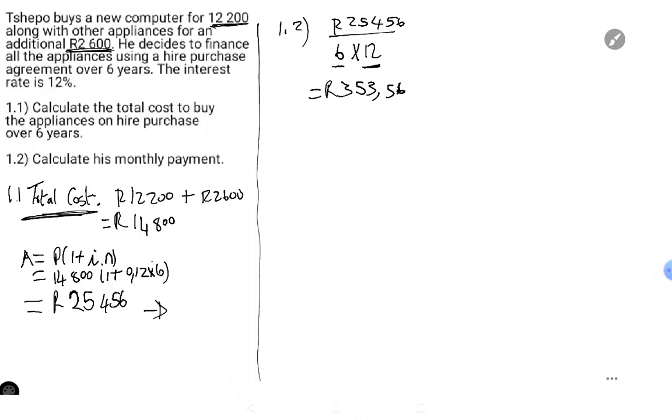And then the next keyword there is hire purchase. Okay, hire purchase is simple interest formula. And now remember, you need to have a principal amount. Your principal amount is the money that came out of the pocket, which is the 14,800.